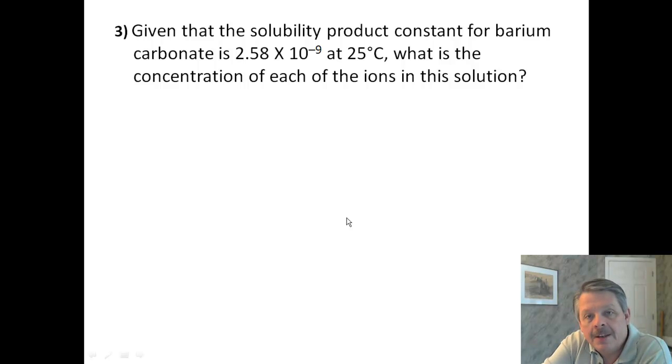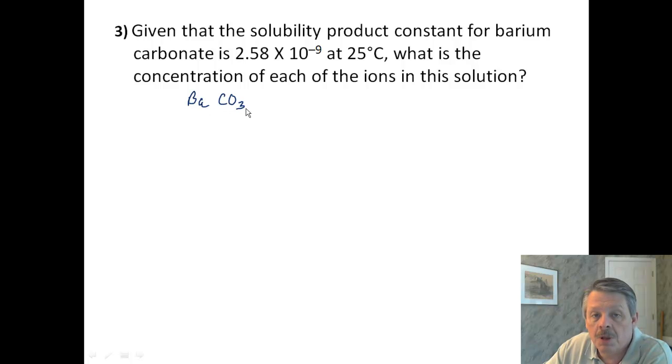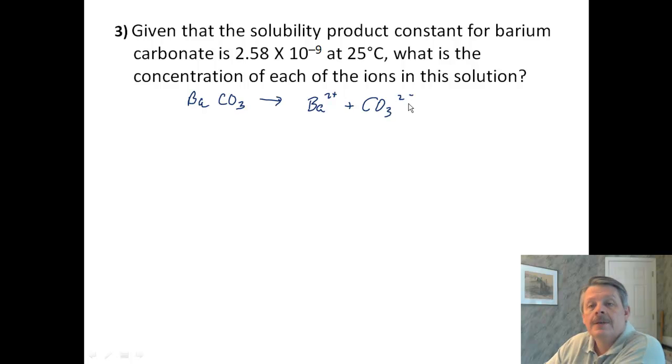All right, now this one's a little bit harder. Now this one you've got to think through. Given the solubility product constant for barium carbonate is 2.58 times 10 to the -9, barium carbonate. Barium is a 2+, carbonate's a 2-, so it breaks apart into barium 2+ and carbonate 2-. Right?